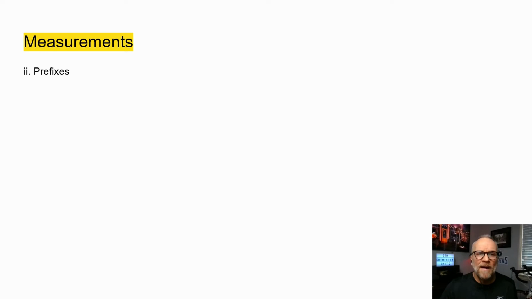Of course, with the base units, we need to make them either larger or smaller depending on the quantity that we're dealing with. So if we were going to measure the distance between Bowling Green, Kentucky, where I am, and Nashville, Tennessee, we wouldn't want to do it in meters, because you'd have a ton of meters.